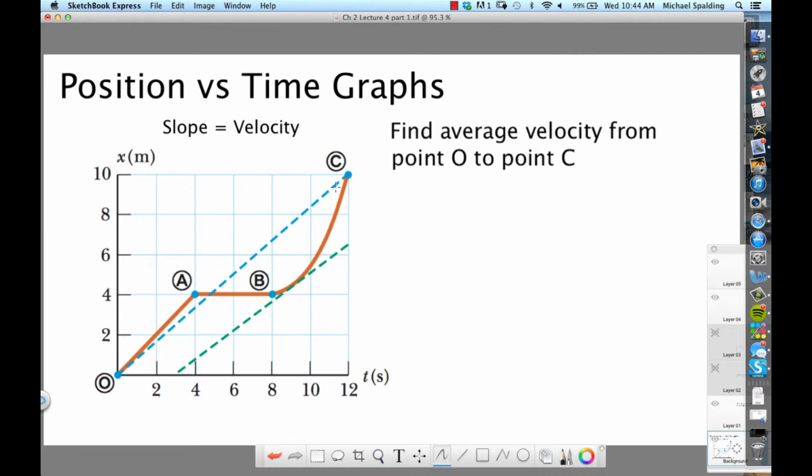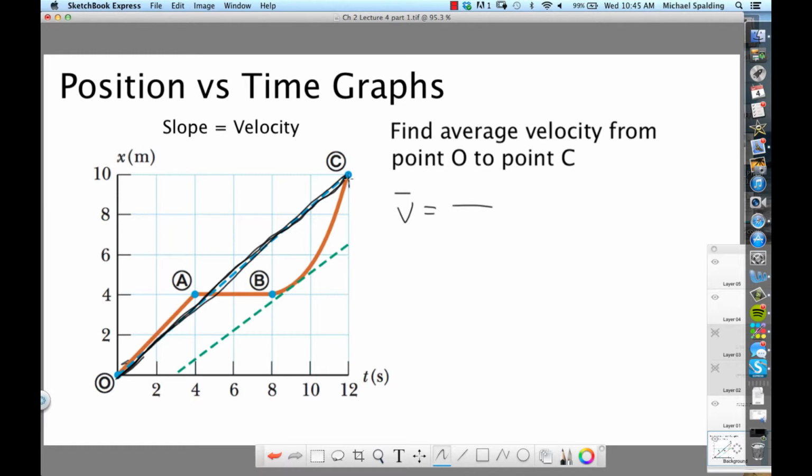So how do we find the average velocity from beginning to end? See this dotted line that's already been put there for us? If we take the slope of that dotted line from O up to C, that will give us the average velocity from O to C. And it makes sense. Average velocity, put a little line above the V for average.